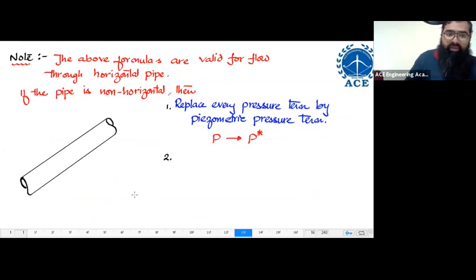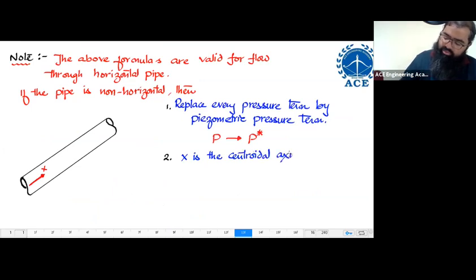No, it is not. Please remember, x was defined as the central axis along the flow. So x is this axis for me. x will still remain the axis. x is the centroidal axis along the flow.